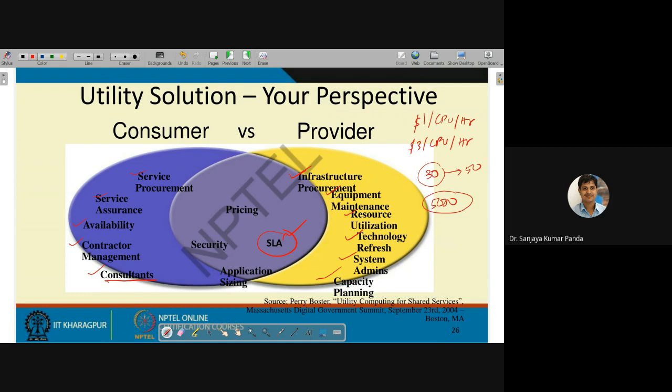There may be a huge demand for that application, so suddenly the number of users increases. That is called application sizing. This also needs to be mentioned in the service level agreement.